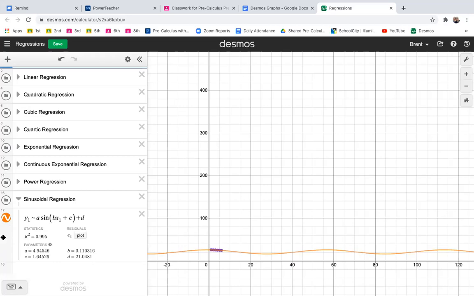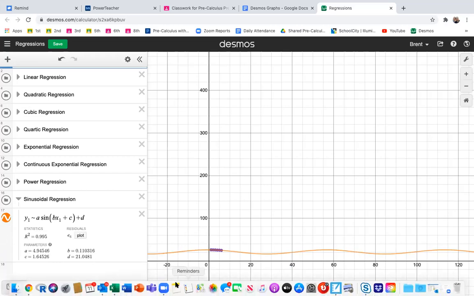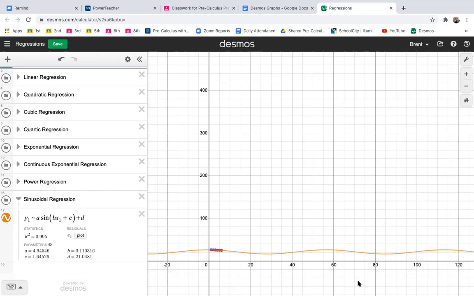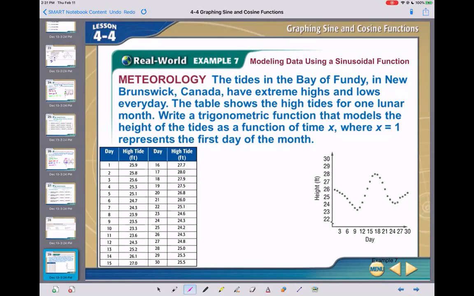Let me switch back over to my iPad. I'm going to write down these values. Right here, these are the same values, and I can write out the equation. So the equation was y equals, the a was, I'm going to round it to the nearest hundredth, 4.95 sine.